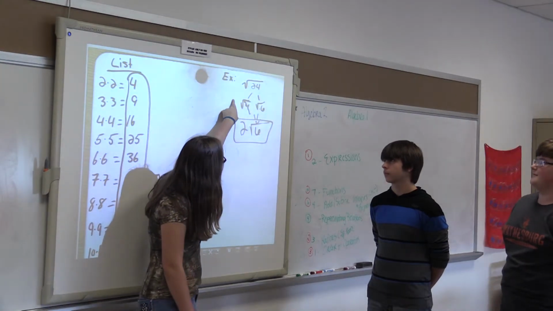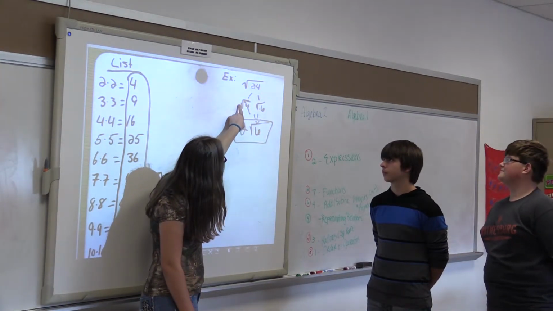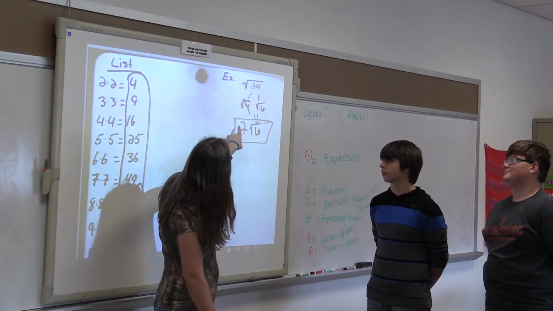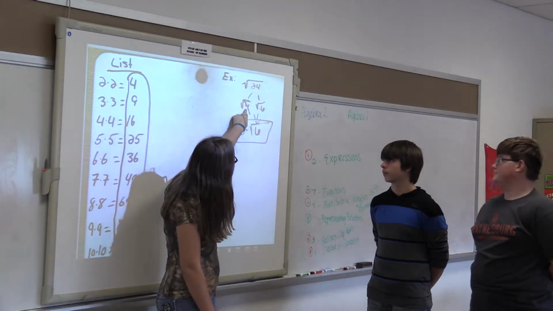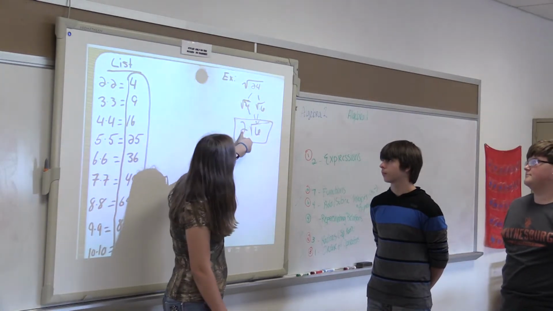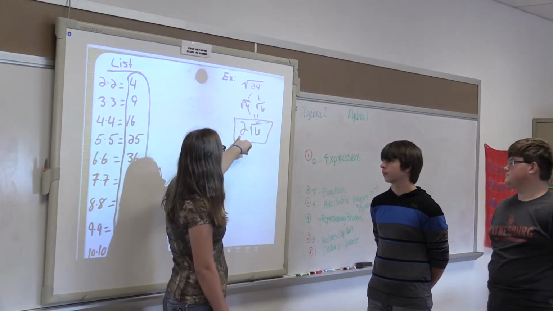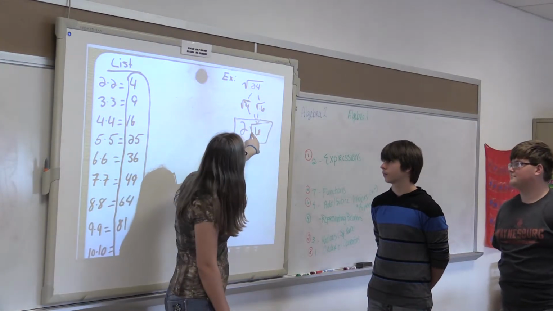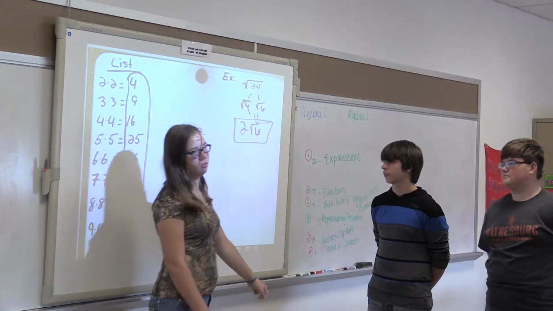This is an example, 24 breaks down into square root of 4 and square root of 6. And 4 is on the list, and it cancels out into a 2. It does not go into a square root. This is not on the list and you can't break it down, so you just bring it down: square root of 2 times square root of 6.